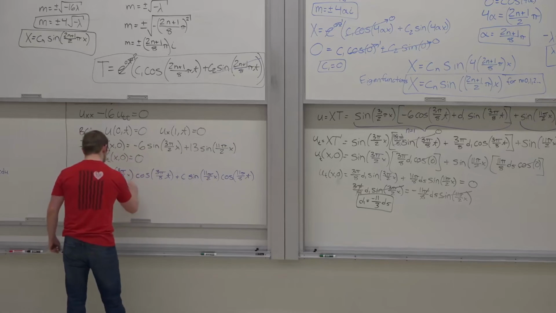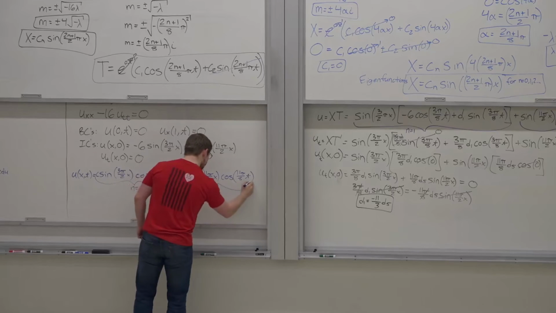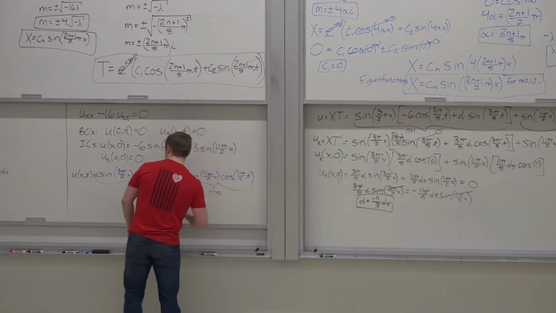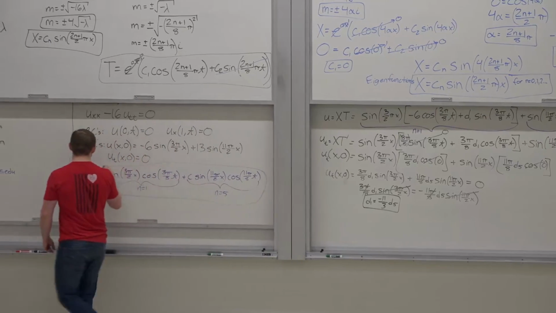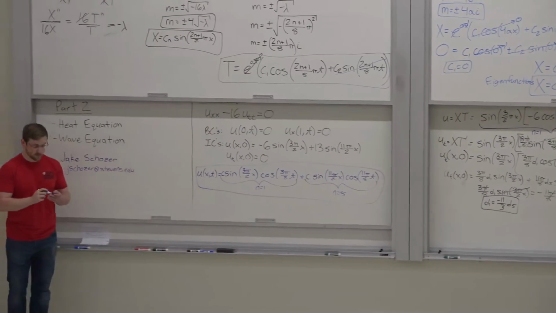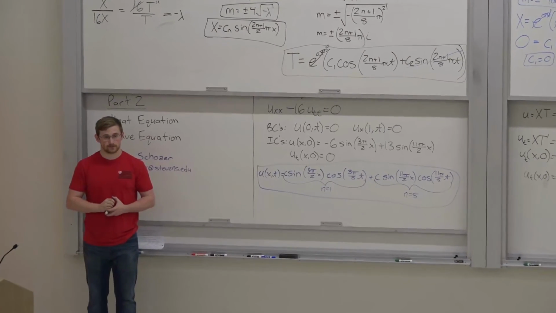This is my n equals 1 term. This is my n equals 5 term. And we finally have our final solution for our wave equation.